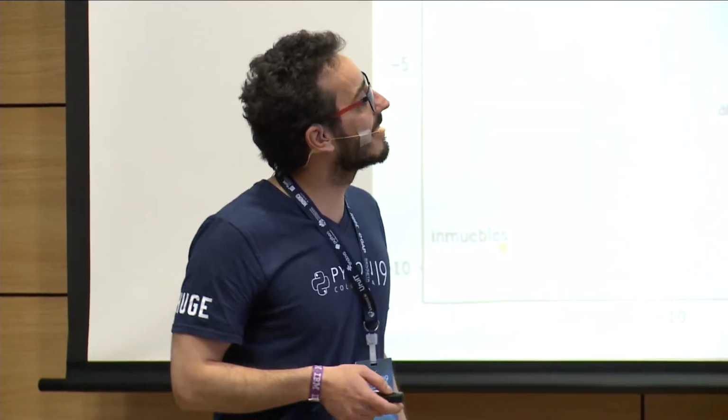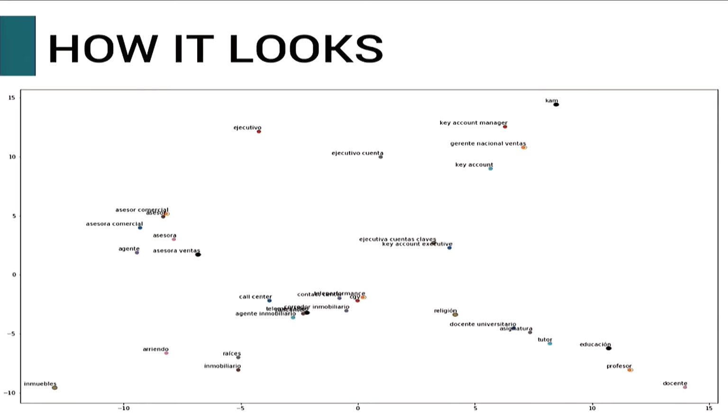Okay, let's look at an example of our dataset. I don't show you the entire vocabulary because it's 200,000 words, so you wouldn't understand anything. But look, the vector dimension here was 100, and we project it in 2 dimensions. We're taking just a few words, but what is interesting is that here we have inmobiliario, raíces, arriendo, inmuebles. Here we have an education theme.